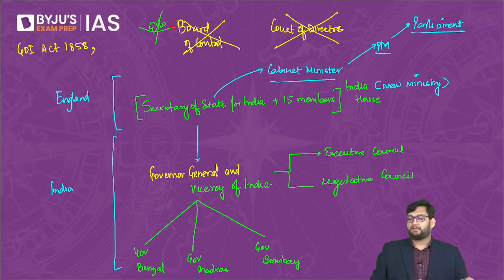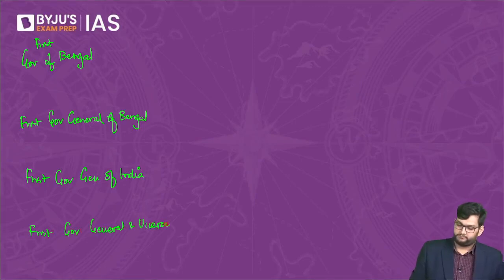So now there are 3-4 very important things. First Governor General of Bengal, first Governor General of India, and first Governor General and Viceroy.